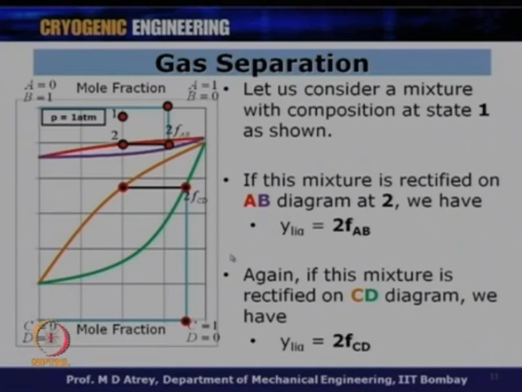The point to be noted is that the higher the difference between the two boiling points, you will not have to do too many condensations. So, 1 or 2 or 3 condensations could be good enough to separate component C and component D. While in this case, we may have to go for multiple condensations and evaporations in order to separate A and B. Why? Because the boiling point difference between A and B is not too large, it is very small.